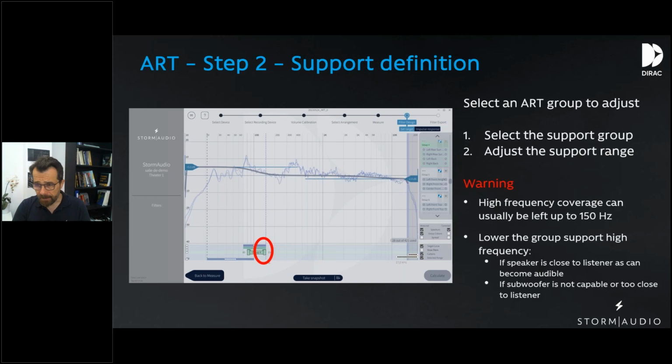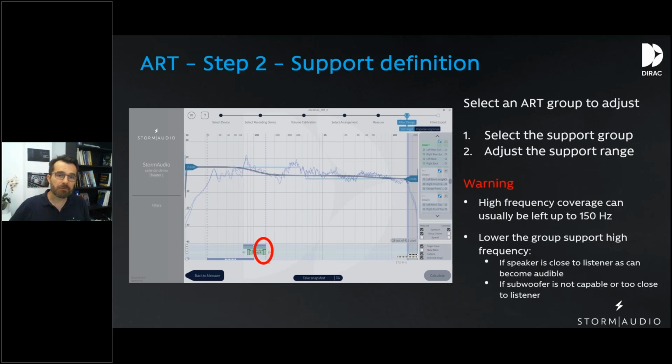The first is if your speakers are really close to the seating area. What can happen is that the direction of arrival becomes audible and starts to be localized above 80 Hertz.